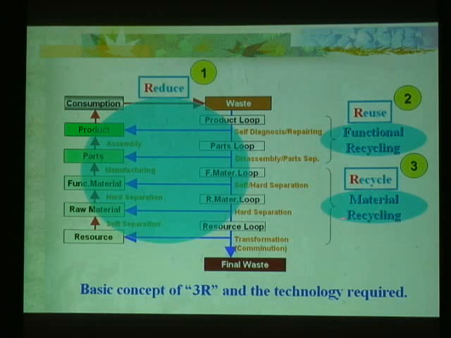But in this stage, we have several stages. For example, functional material has lower entropy than raw material, and then just a resource. But this resource is a very, very narrow term. This is the concept of the 3 R's from the scientific viewpoint, my consideration, please.